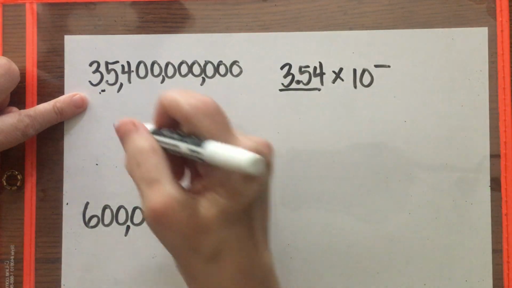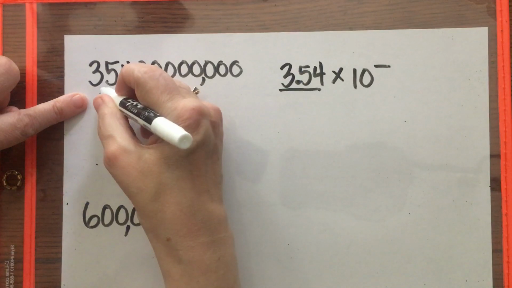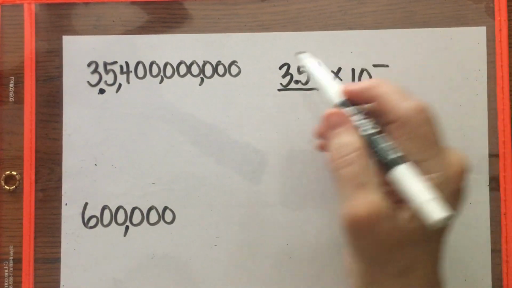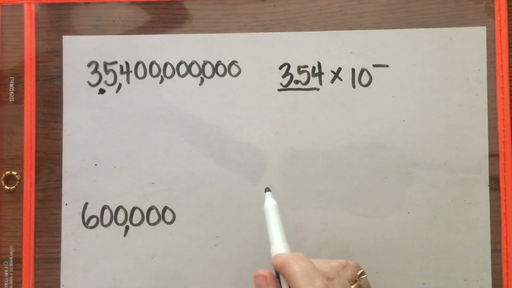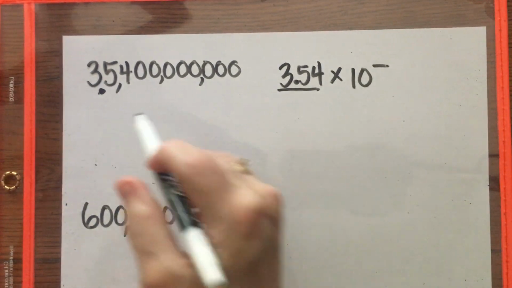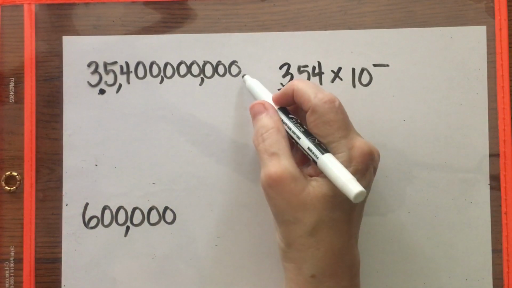All right, so this is where our original decimal point was when we were determining our mantissa. To figure out what our characteristic or our exponent is for this, I've got to start where my original decimal point would be, okay? So remember, if this is a whole number, my original decimal point should be here.